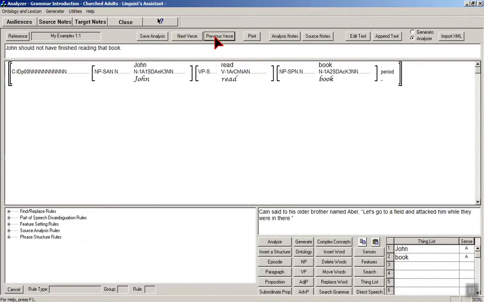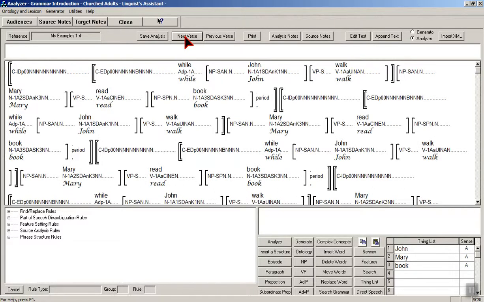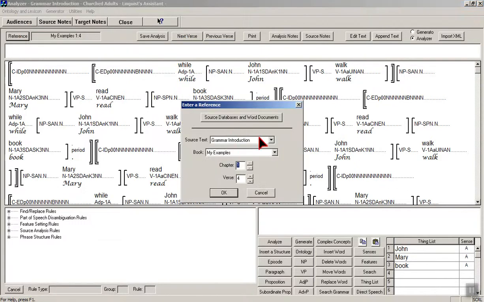There happened to be something in my examples 1:1. That was because I was trying out something in that space, but there's nothing in verse 2 in the text here to analyze. So anyway, this is kind of a scratch space you could use. But in my case, hopefully it'll be there.